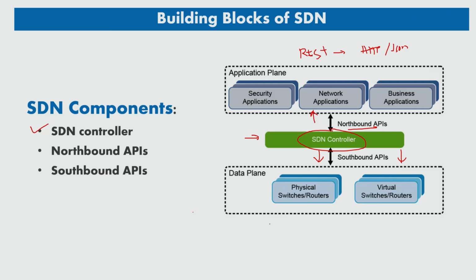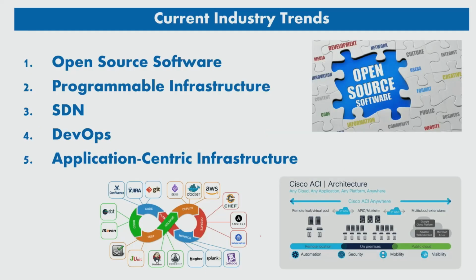One example is OpenFlow, which is a southbound interface. Let me put it here, OpenFlow. It's a southbound interface designed by the Open Networking Foundation, or ONF, that allows the SDN controller to alter the forwarding plane of network devices in order to react to changing business requirements.